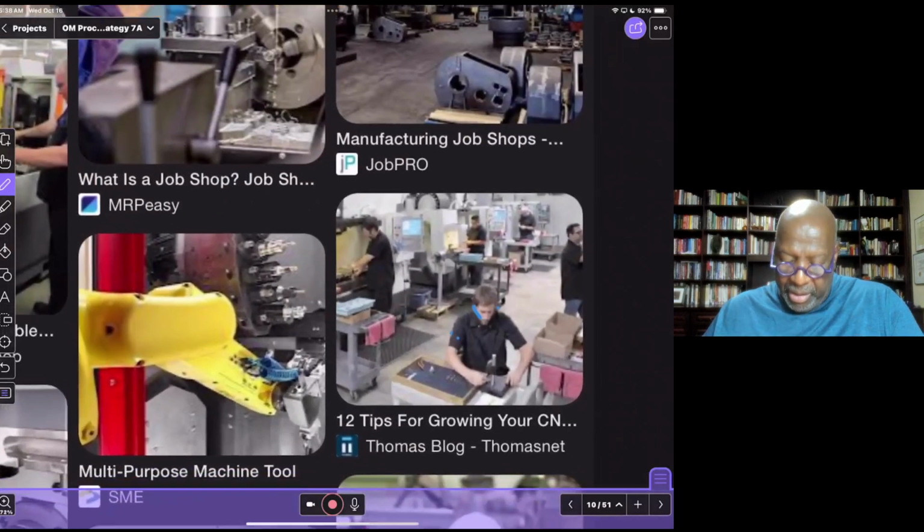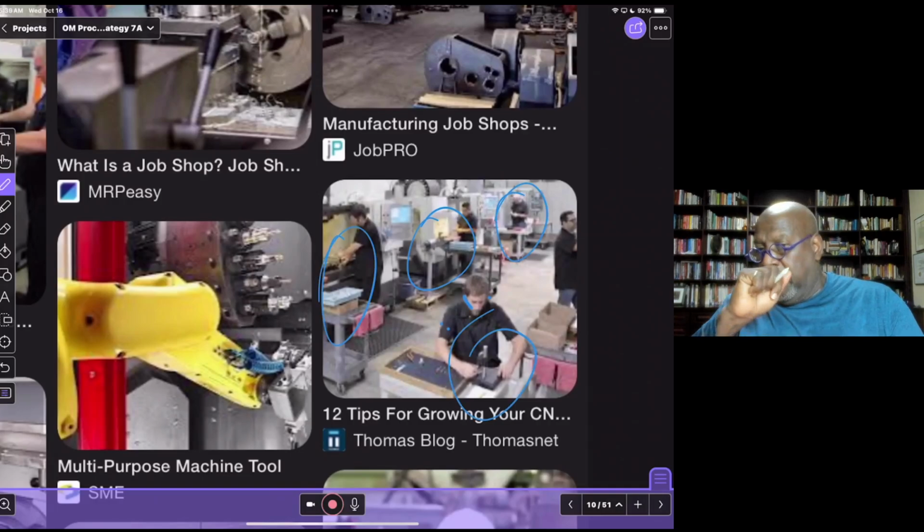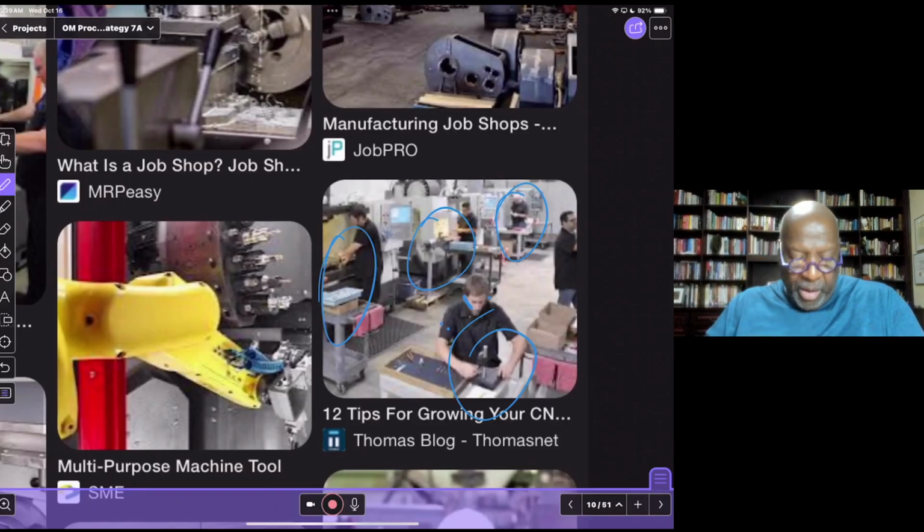So this is just an example. If I were to look here, you will see that you have these different workstations, right? Different individuals, and those would constitute your different areas, or your different process areas.